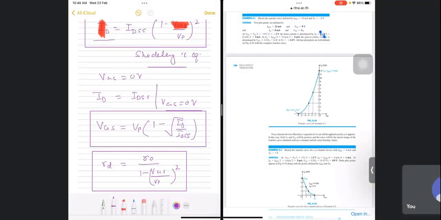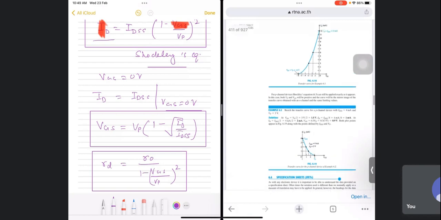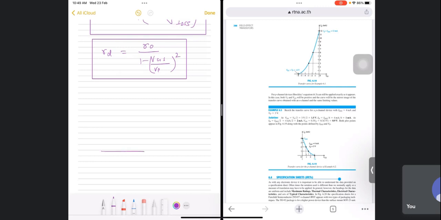So this is the transfer characteristics, actually: input versus output, or VGS versus ID. When VGS is 0 volt, this is IDSS, right? यही बनाया था ना हमने.